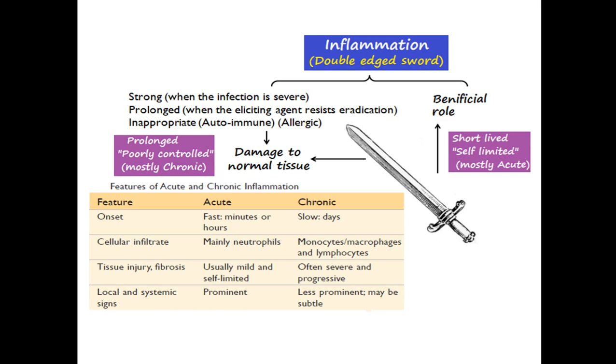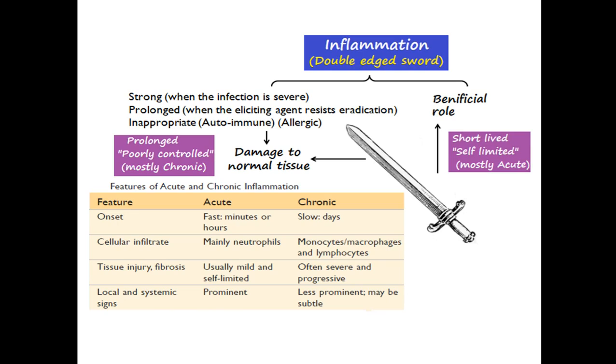Now coming to the outcomes, tissue injury and fibrosis. In acute inflammation, it is usually mild and self-limited. But as the inflammation persists longer and longer, it carries the risk of severe and progressive tissue injury, and automatically the problem will lead to fibrosis and scarring in the tissues.